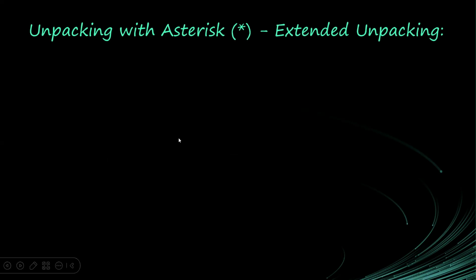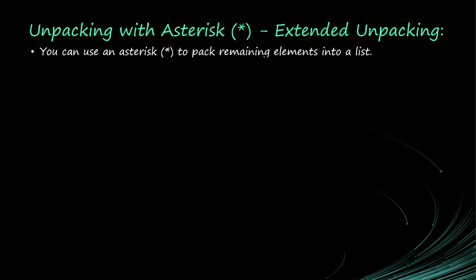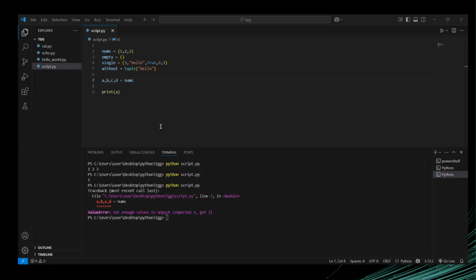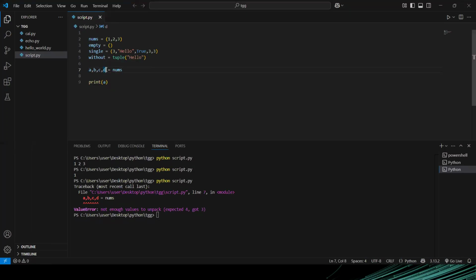Unpacking with asterisks, this is extended unpacking. You can use an asterisk to unpack remaining elements into a list. Look at this example. I have three elements here, but I just want to access the first one, and then have the remaining ones together too. So I can use an asterisk like this, and I will call it rest.